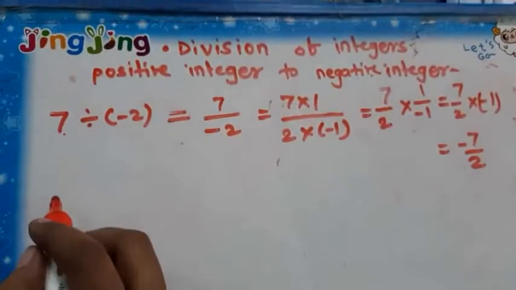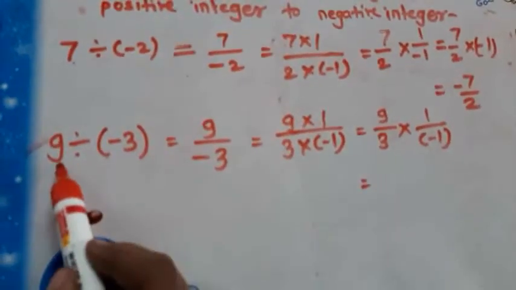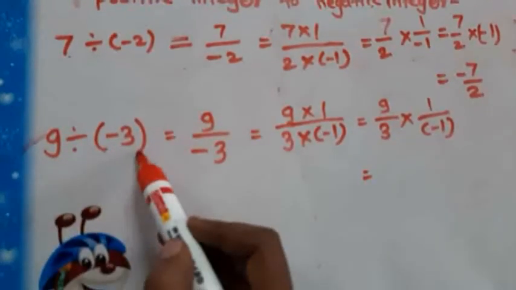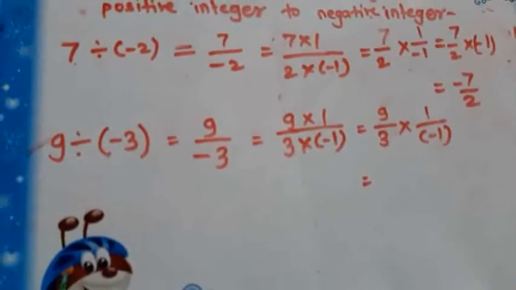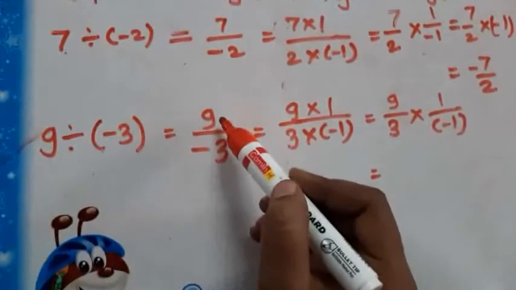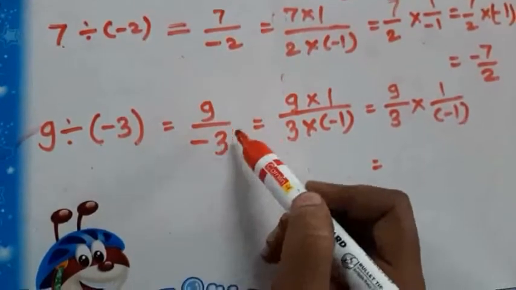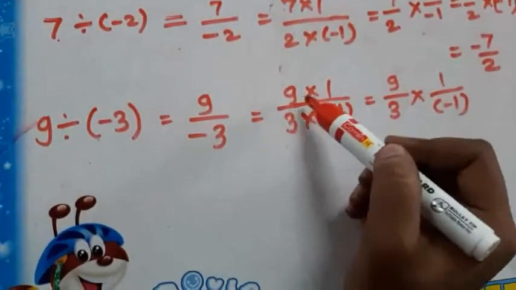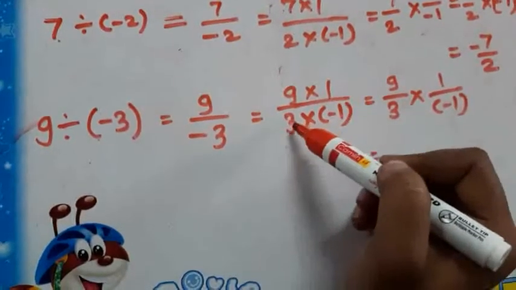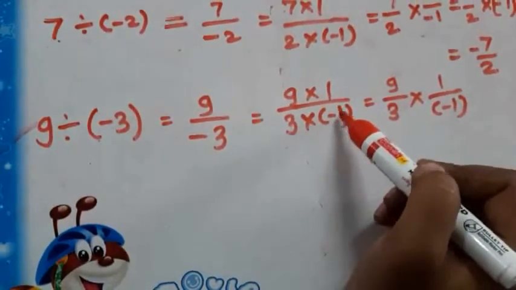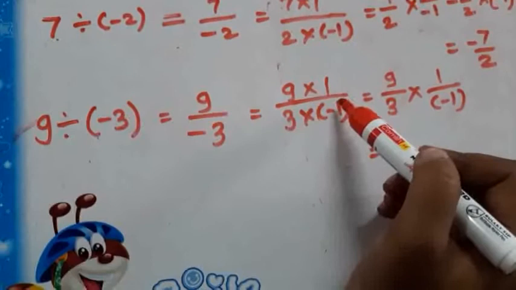Consider the next example, 9 divided by minus 3. So that can be written as 9 into 1 divided by 3 into minus 1. We have separated the minus sign from 3.